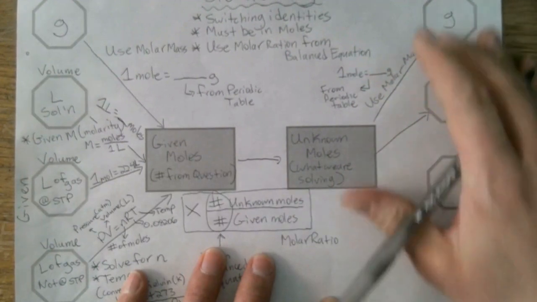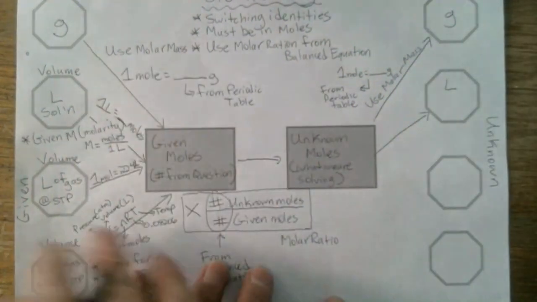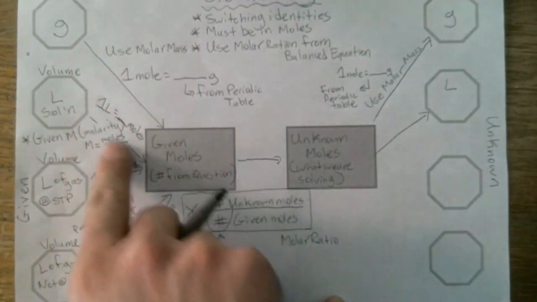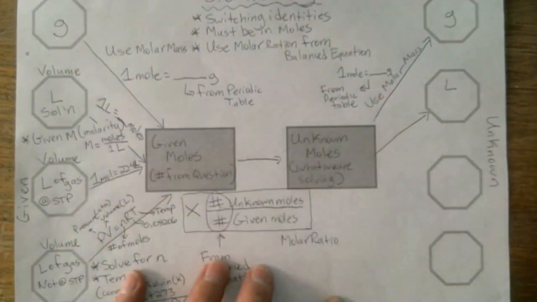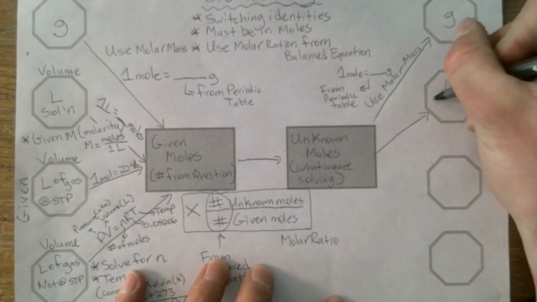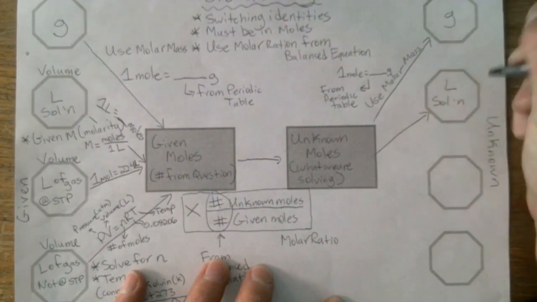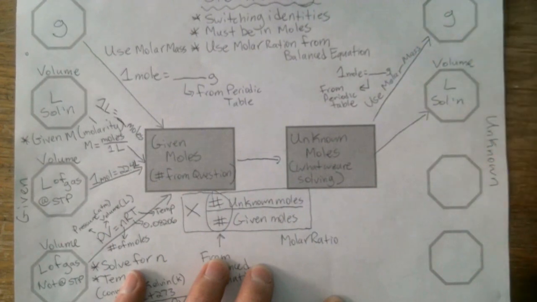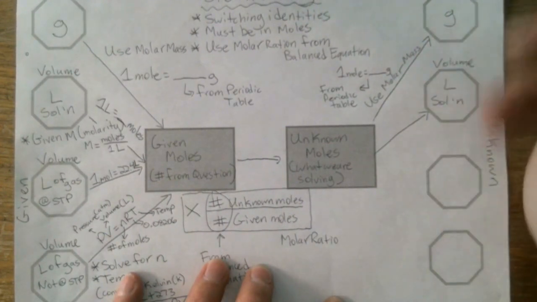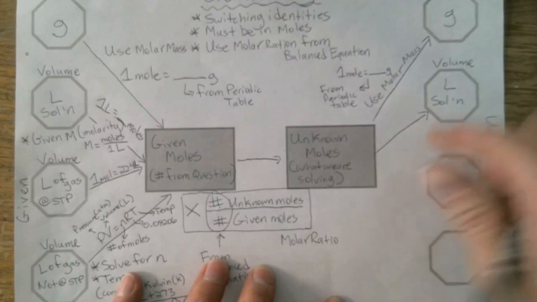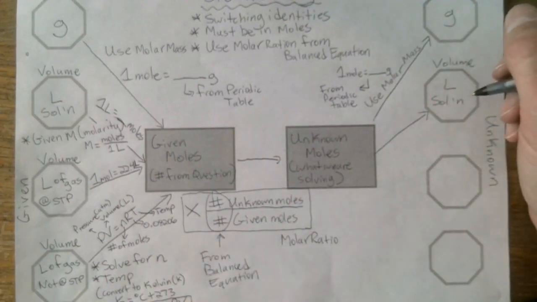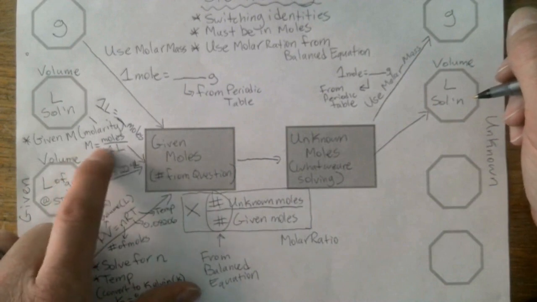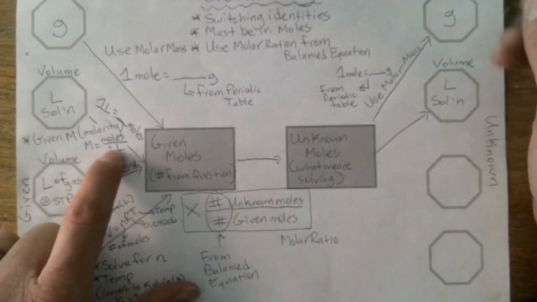I'm going to abbreviate the stuff on this side just so we don't have to write everything that we have over here, but we do want to write each of our conversion factors, what we're going to be plugging into our stoichiometry equations. So if we have another volume, but we're given a molarity, so if we're trying to solve for a volume with a concentration, we're going to use the exact same kind of equation here.